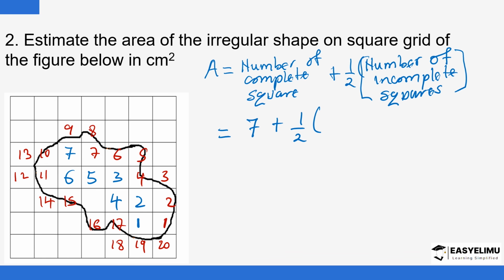So the number of incomplete squares is 20. So this is going to be 7 plus half of 20, which is 10. So this is 17 square units.